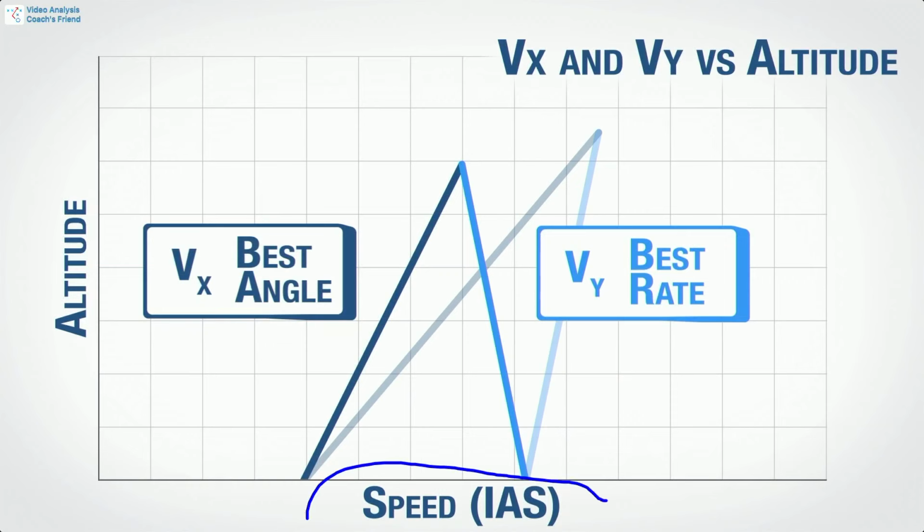This is what it looks like on your indicated airspeed indicator. Vy with altitude actually slows, and Vx with altitude speeds up. That's what you're going to see when you look at your airspeed indicator. As you climb, Vy becomes slower and slower at indicated airspeed. Vx becomes faster and faster.